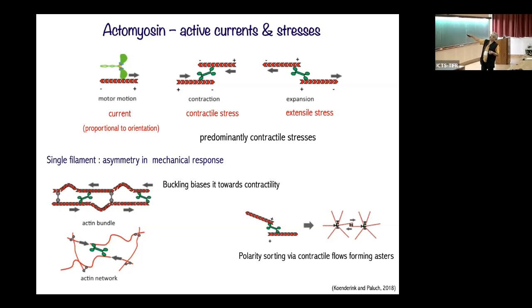This is a motor protein called myosin. It consumes ATP and therefore moves towards the plus end. By moving towards the plus end of actin, you see that the filament is pushed backwards. So this ATP-driven current is a consequence of the interaction between myosin and actin.